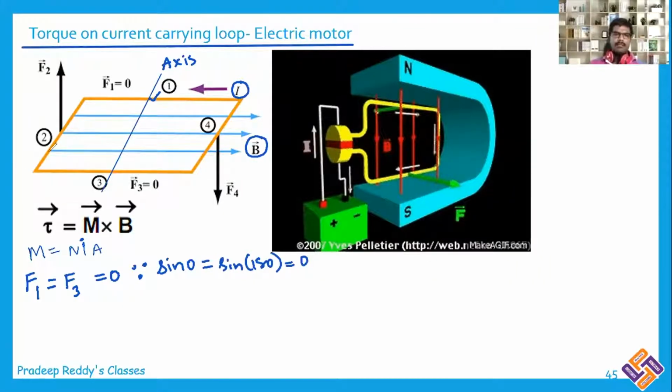And coming to the next part, the second segment and the fourth segment. On this second segment, the current carrying conductor current is outward. And in this fourth segment, the current is inside. Now current is coming towards my side, the magnetic field is on the right side.